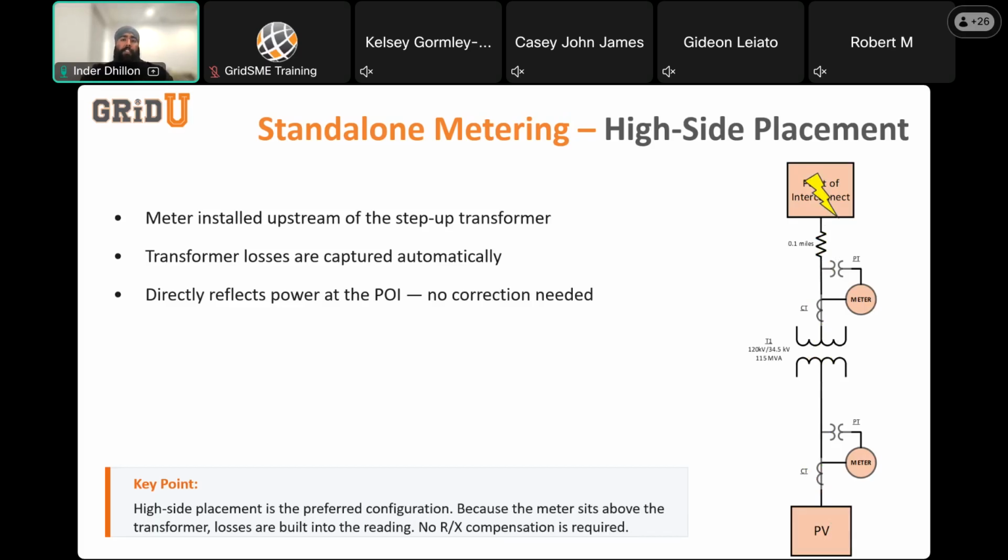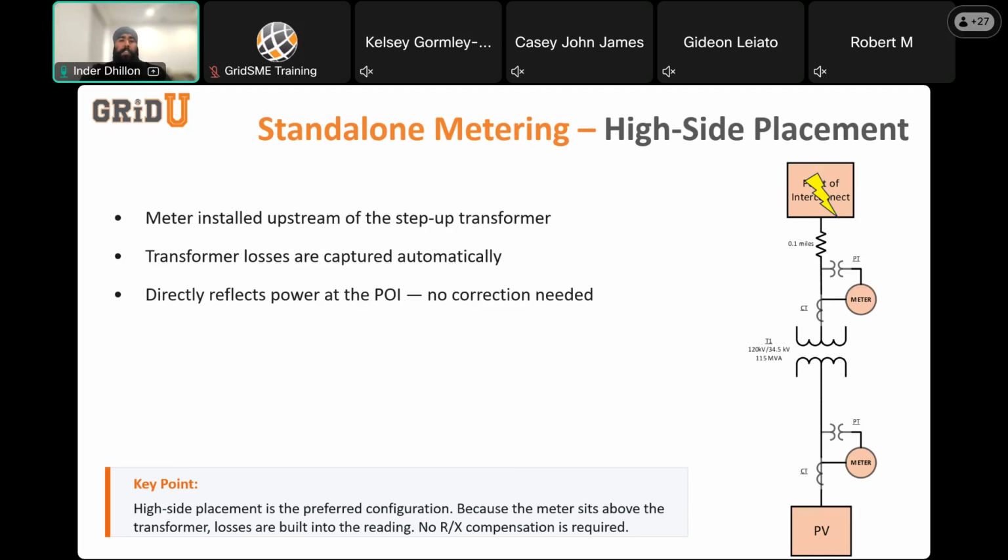The key advantage here is that transformer losses are automatically captured. Think about it this way. The transformer itself consumes a small amount of power, typically somewhere between 0.3% and 1% of the throughput, as heat and magnetic flux. When the meter sits above the transformer, it reads what's actually being delivered to the grid. Losses are already baked in.